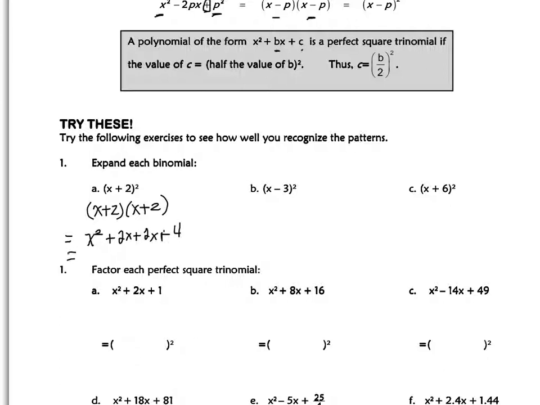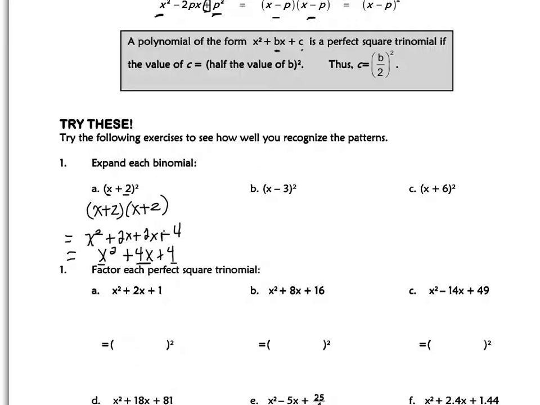And that's going to give you x squared plus 4x plus 4. Or we could use the pattern, knowing that this is a perfect square trinomial. We can say that should have first term x squared, last term 4, and then twice the product of the two numbers here. So twice that would be 2 times 2x, which is the 4x term.